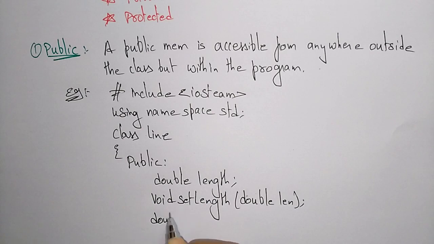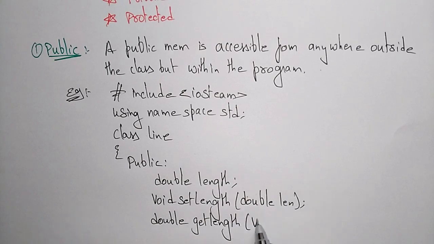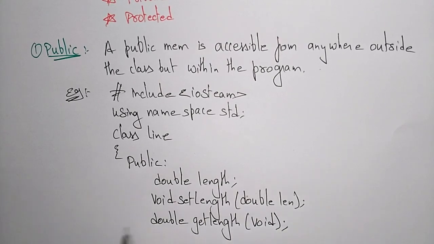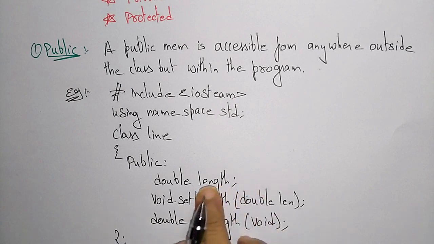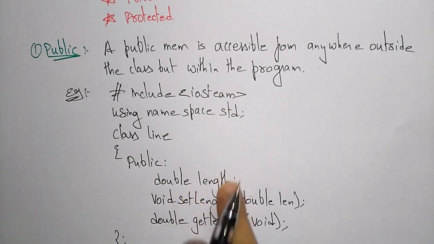Another function is double getLength. So setLength and getLength I can use anywhere, within the class or outside the class. This is the data member and these are the two member functions. These three can be accessed anywhere in the program.